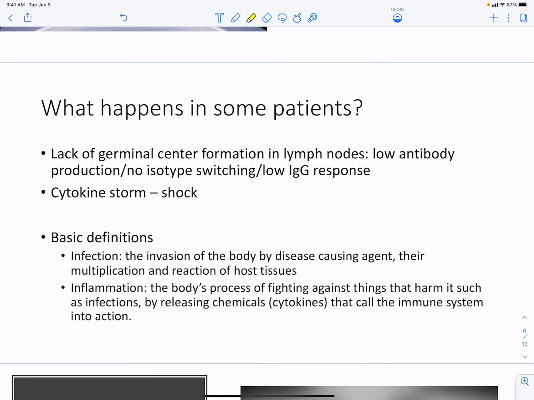And so in general, basic definitions: infection. With an infection, basically the body is being invaded and the agent is causing disease. And inflammation is basically the body's response to this infection and fighting things that it sees as being foreign and harmful. And it does this by initially releasing chemicals to help the immune cells communicate and alert them that there is an infection that's ongoing.